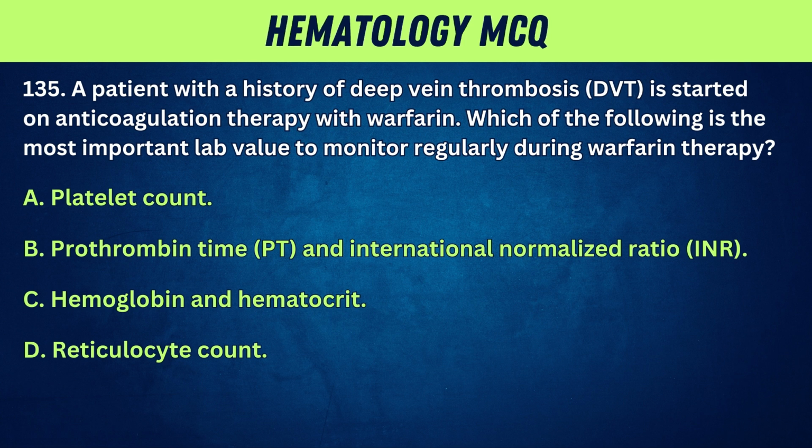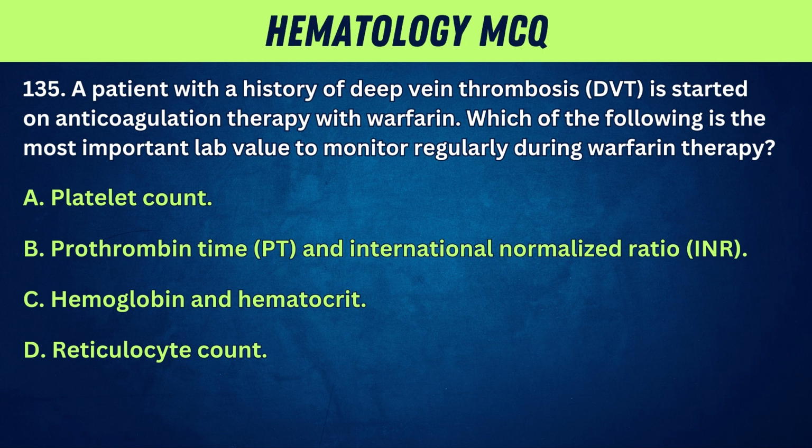135. A patient with a history of deep vein thrombosis, DVT, is started on anticoagulation therapy with warfarin. Which of the following is the most important lab value to monitor regularly during warfarin therapy? A. Platelet count. B. Prothrombin time, PT, and international normalized ratio, INR. C. Hemoglobin and hematocrit.